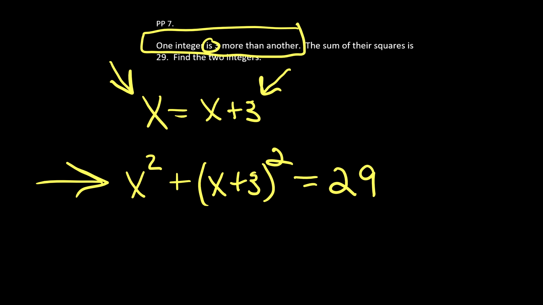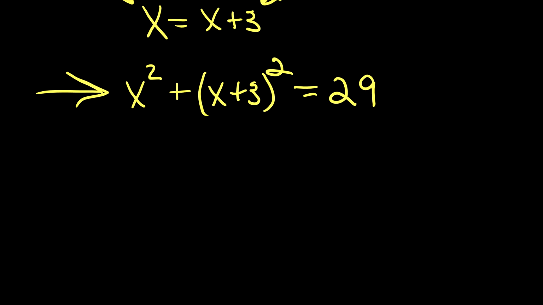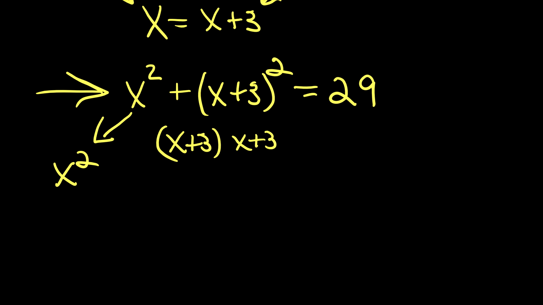And I got to solve that now. So I got to multiply this out. I've got x plus 3 squared. I'm going to multiply that out first. So I'm going to have this x squared. I'm going to bring it down here. And then I'm going to multiply this out. So that's going to be x plus 3 times x plus 3.